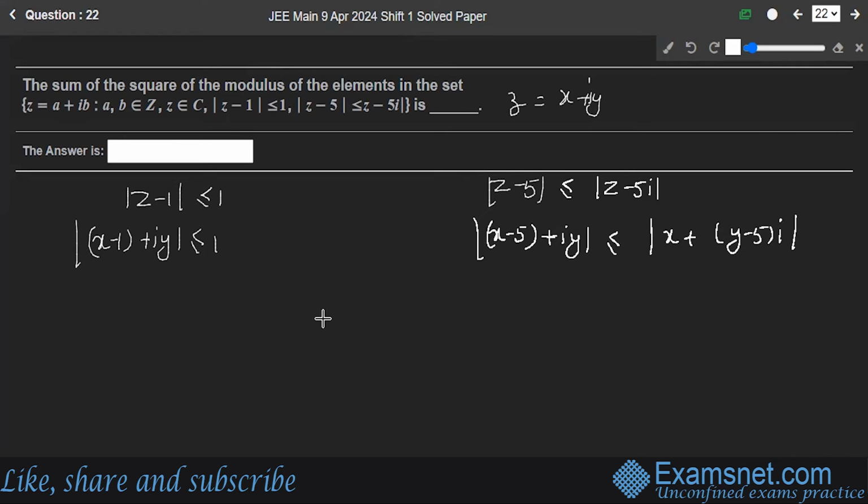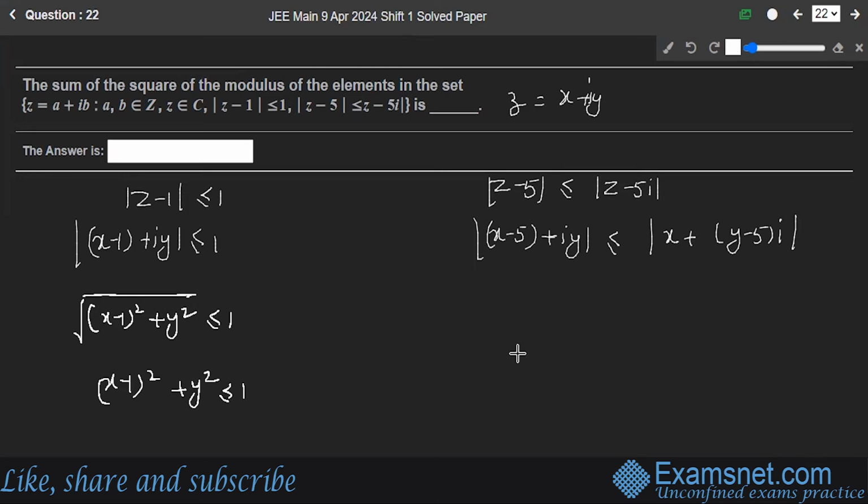Right. And from here, this is equal to x minus 1 whole square plus y square, whole thing under the root, less than equal to 1, or x minus 1 whole square plus y square is less than equal to 1. Let's say this is equation 1 and let's solve the next.